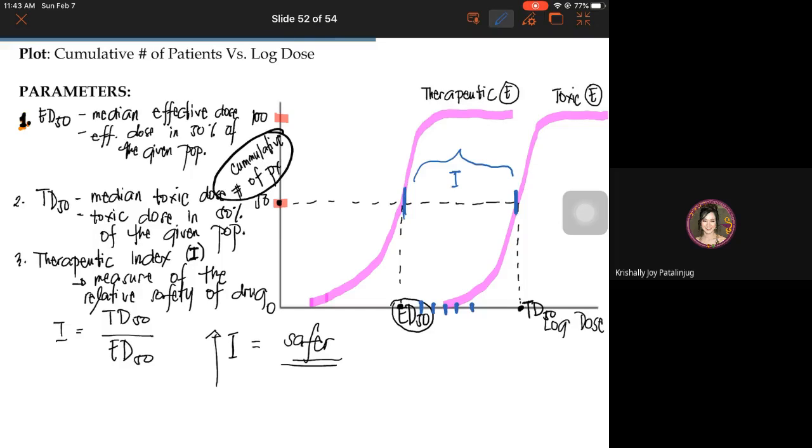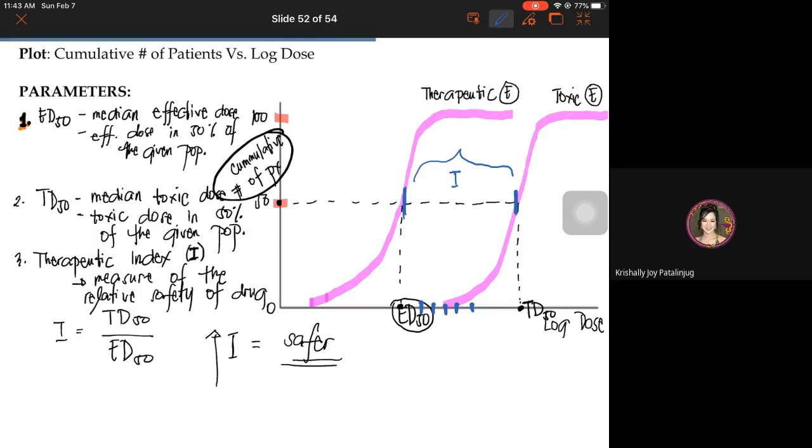Unlike a very small value ng therapeutic index, kapag lower yung therapeutic index, sobrang lapit ng therapeutic effect tapos toxic effect. Kapag may slight changes lang ng dose diyan, most probably, that drug will now produce certain harmful effects, adverse effects, side effects. So, delikado.